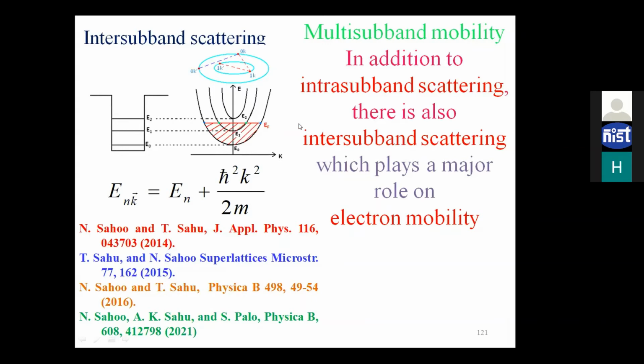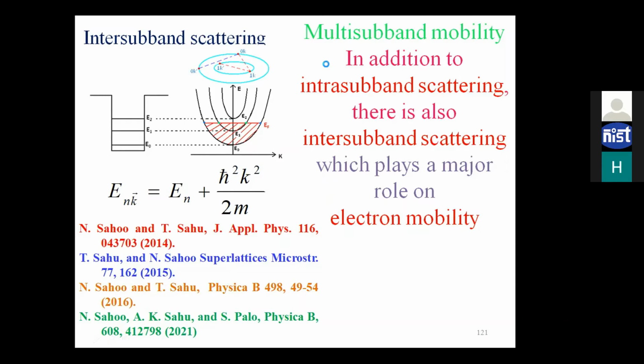So there is a chance of both intra-subband as well as inter-subband scattering. In case of multi-subband occupancy, both are taken into account for the calculation of mobility.